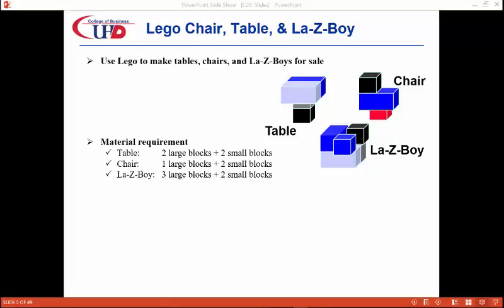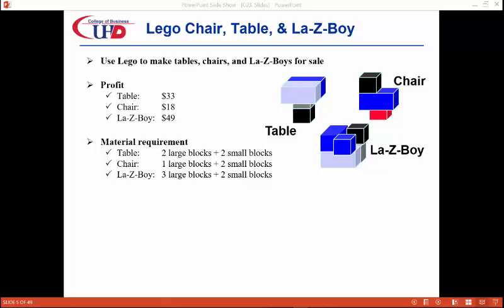To make a table, we need two large blocks for the top and two small ones for the legs. A chair needs one large block and two small blocks. Lazy boy is the most complicated one. Three large blocks for the bottom and the back, and two small ones for the arm supports.